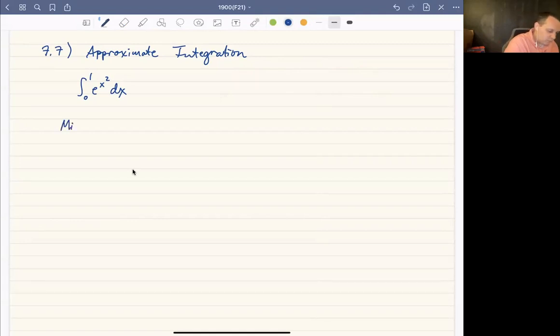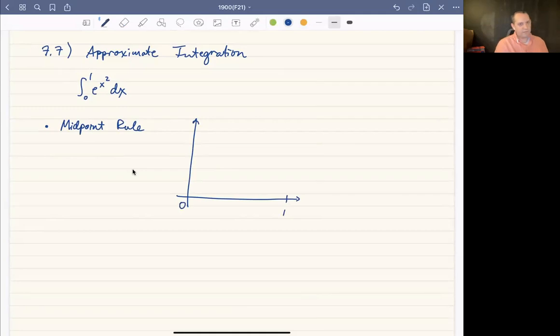We have the midpoint rule, which is something that we talked about all the way back in Calc 1. I'll describe it in each case for this function, so I'll just draw this picture over and over. If I look at the interval from 0 to 1 and graph e to the x squared, it's roughly going to look like an exponential.